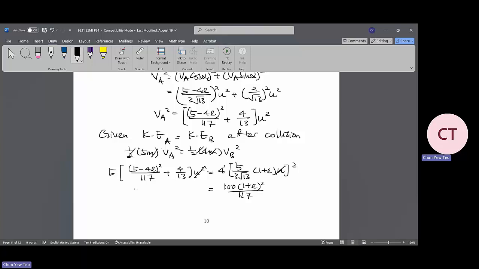This one will be 5 of (5 minus 4E) squared divided by 117. This one will be 20 over 13.